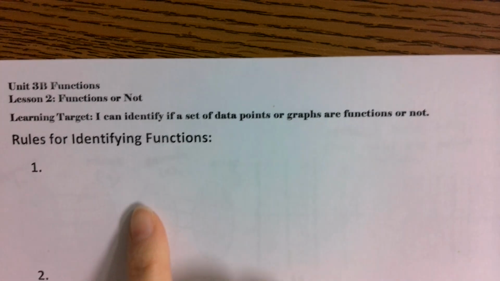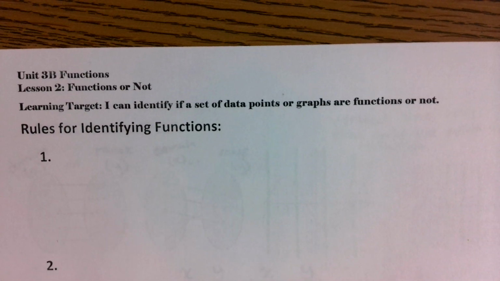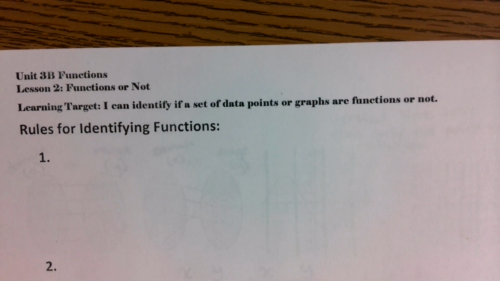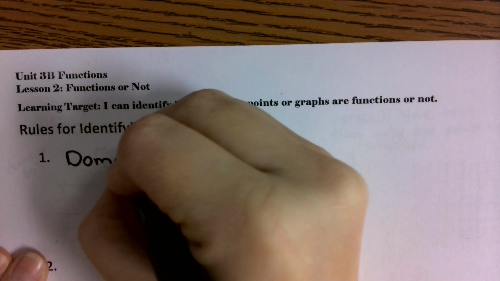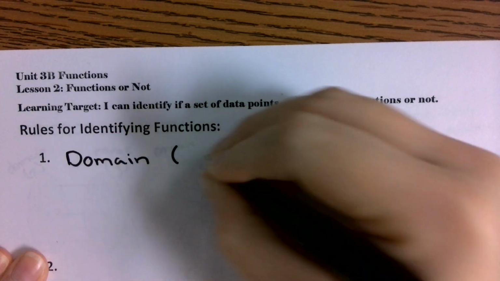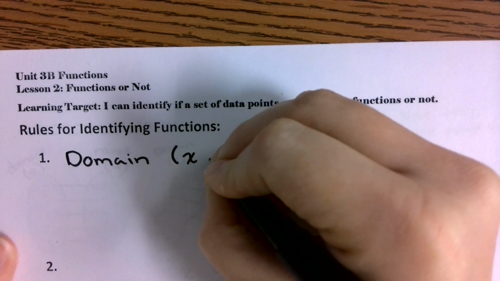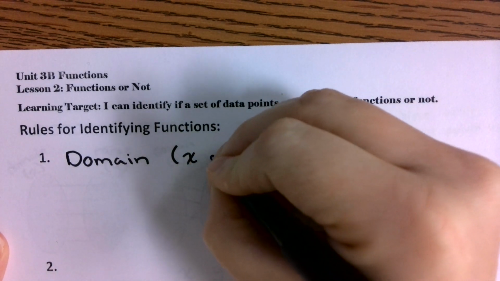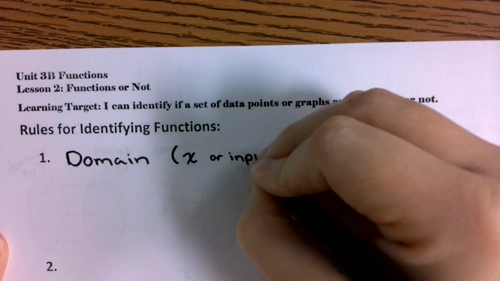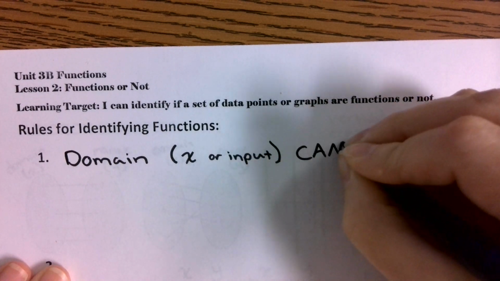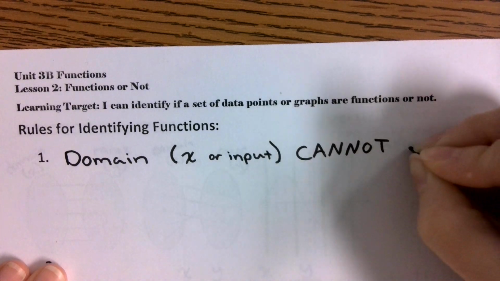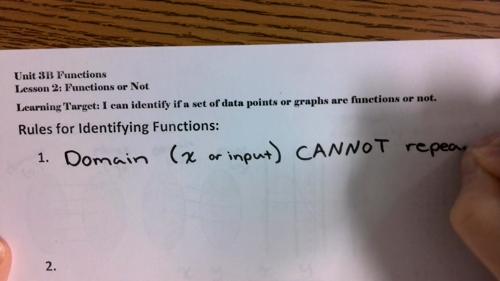When determining whether something is considered to be a function versus not a function, rule number 1, the domain, which is your x. Okay, your domain, your x, or your input, cannot repeat.